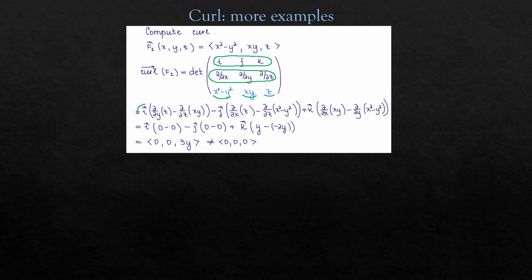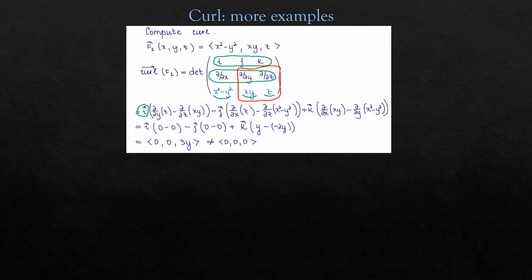So the first component i, again, let me show you how we do this. Just a quick reminder, we'll look at the determinant of this matrix here. So this would be d/dy of z minus d/dz of xy, and that is 0.